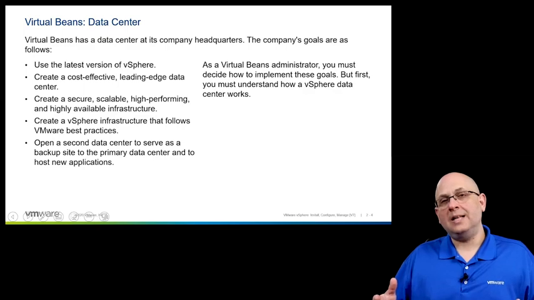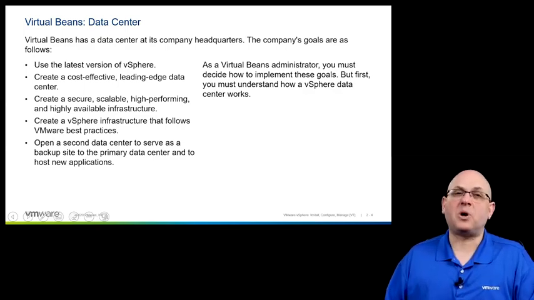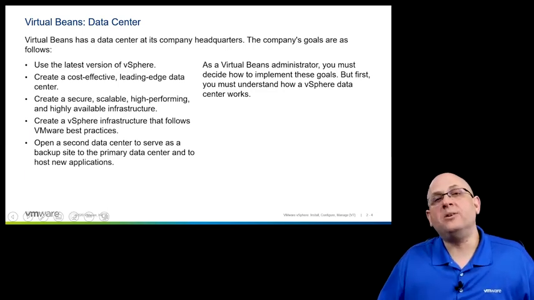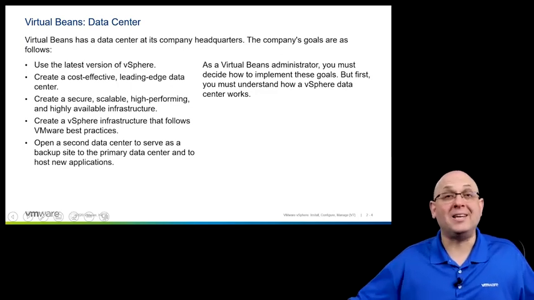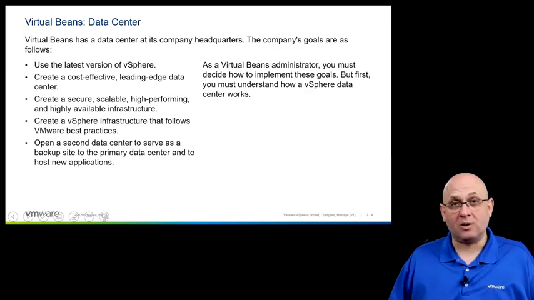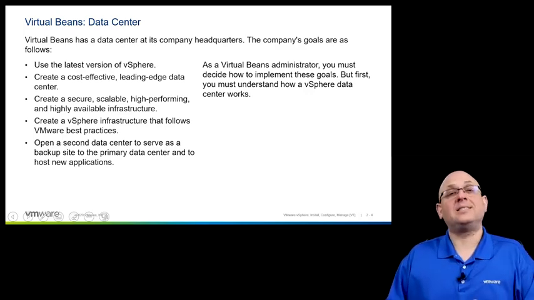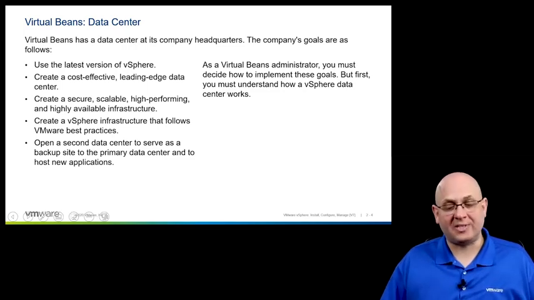So let's take some requirements then. When we're starting any project, we need to gather a series of requirements. We want to be using the latest version of vSphere. And always when we talk about a greenfield or brand new environment, you might as well use the latest and greatest stuff, so that we can take advantage of the latest and greatest features and sets of features that VMware provides. In our case, that's vSphere 7.